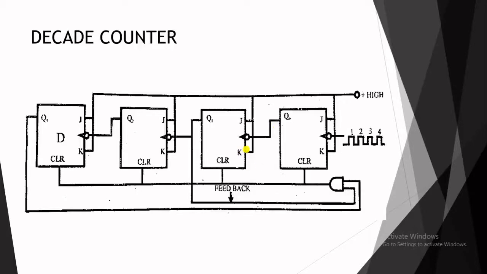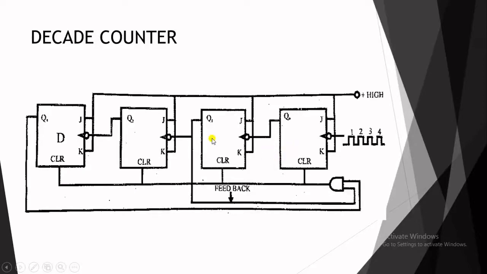The J input and K input are connected to logic 1, and the clock input of every flip-flop is connected to the output of the previous flip-flop, except the first flip-flop. Okay, and here you can see that the output of the AND gate is connected in parallel to the clear input of all the flip-flops.